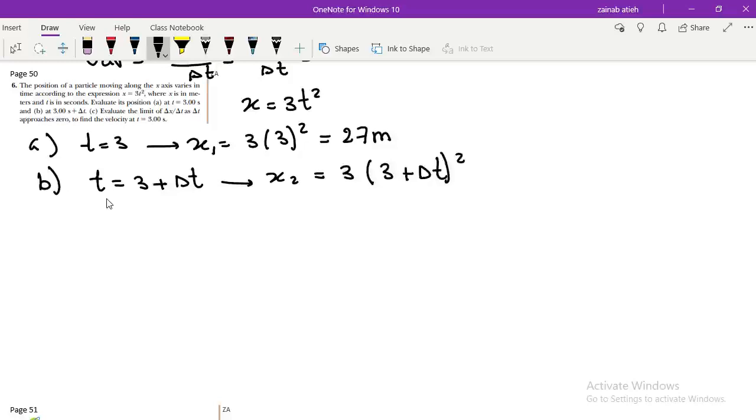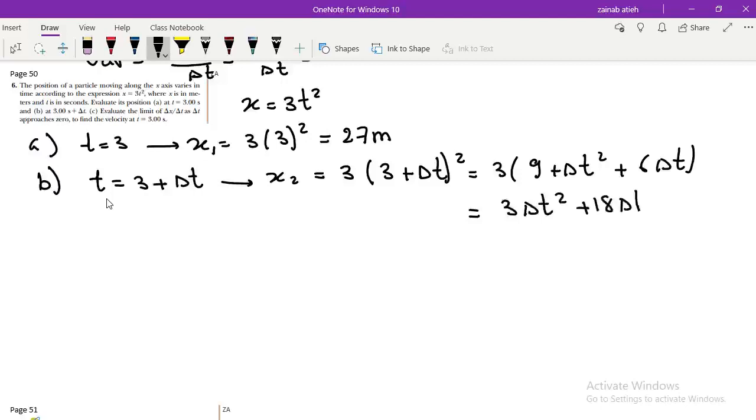Let us develop: 3 into (9 plus delta t squared plus 6 delta t). Arranging, we get 3 delta t squared plus 18 delta t plus 27.